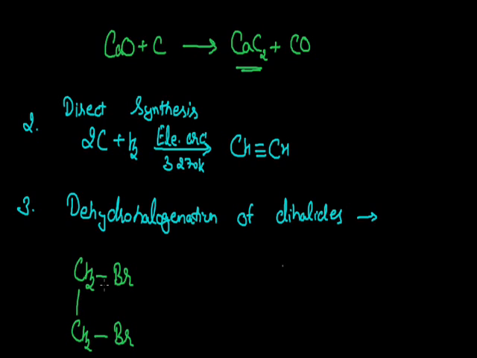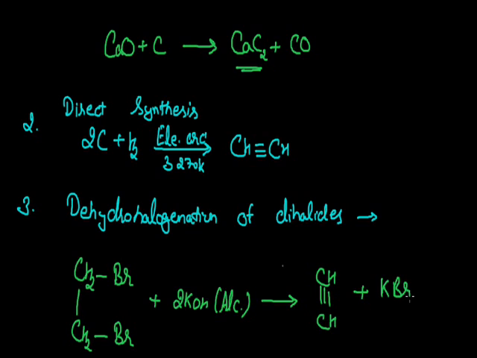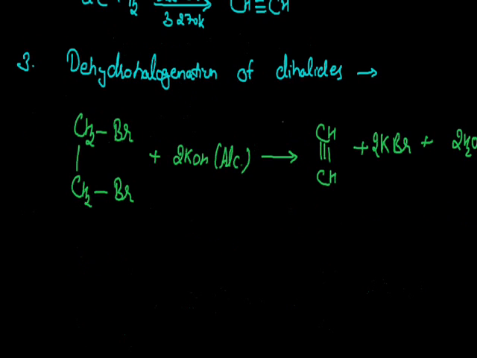If at the adjacent carbon atoms two halogens are there, that compound is termed a vicinal dihalide. When we go for the reaction of this vicinal dihalide with alcoholic KOH, that results in an elimination reaction, and due to the elimination reaction, the formation of acetylene with the formula CH triple bond CH occurs, with the formation of potassium bromide, and here we take two molecules of potassium bromide with the formation of two molecules of water, and that is another method for the formation of acetylene.